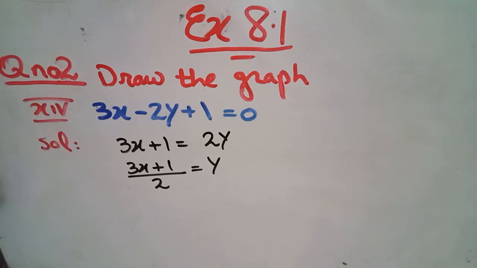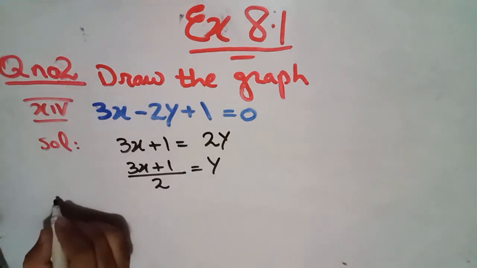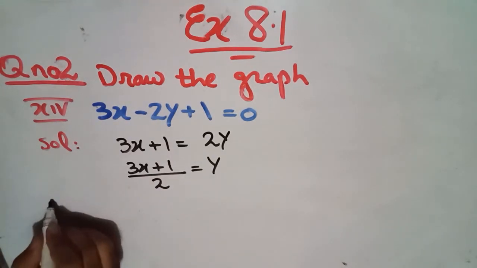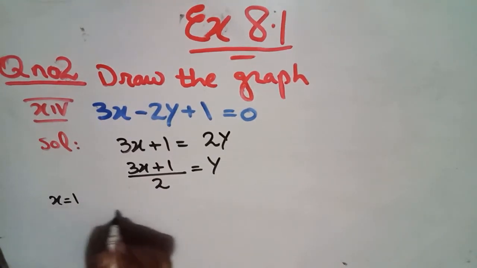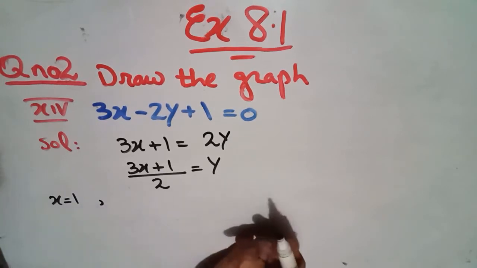So at this level you have to be concerned with whole number values. Just try to take that value of x that will give you a whole number value of y. Let's see, when I take the value of x is equal to 1, what will be the value of y?